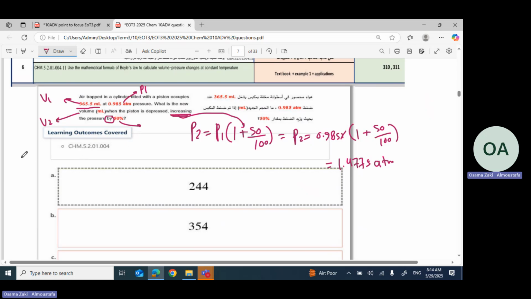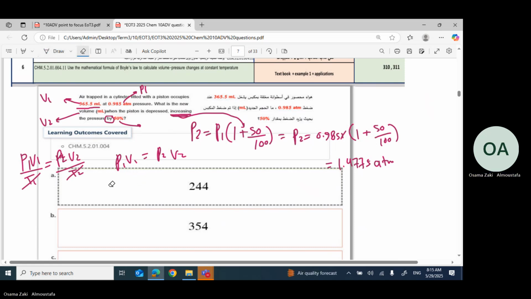So we have the main formula P1 V1 over T1 equals P2 V2 over T2. Temperature is constant, so P1 V1 equals P2 V2. Just substitute here. The volume is 365.5. The pressure is 0.985.